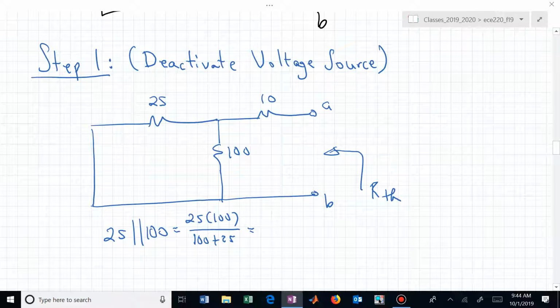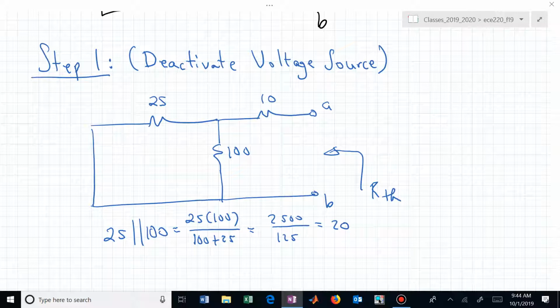We've done this one enough to realize that it's giving us a resistance that's less than either of the two, which you better get, and it's a nice number. It's now 20.